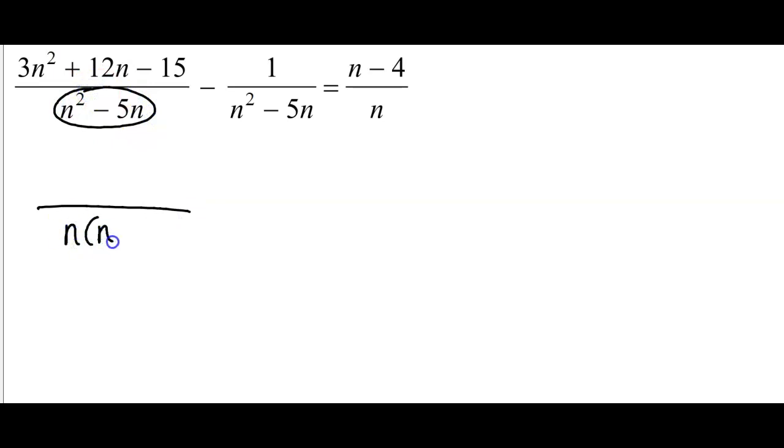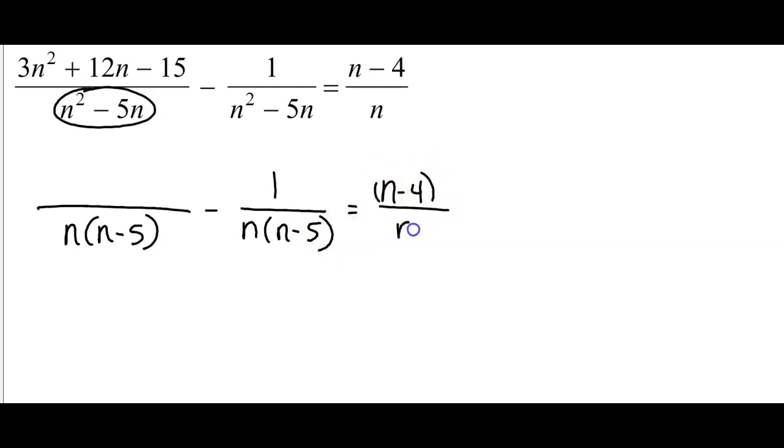I can take an n out. So that's step 1. Step 2 is to multiply to cancel.